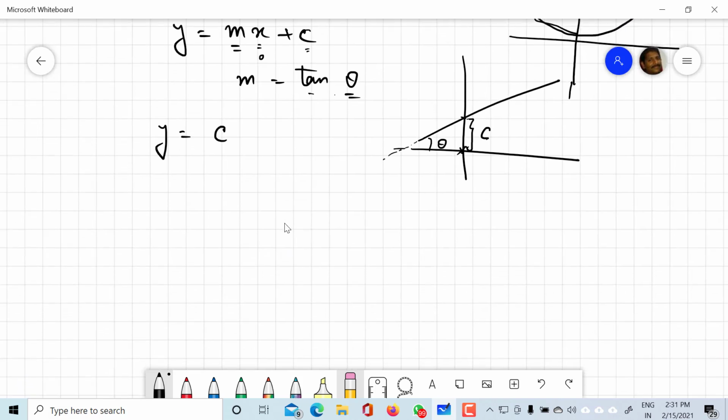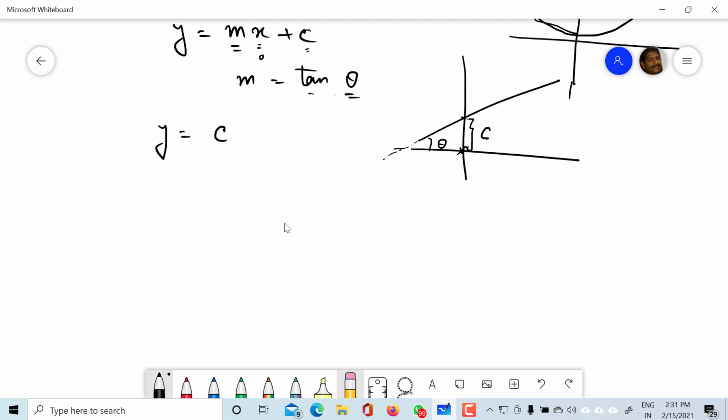If you don't know the value of theta, you only know the 2 points on your line. This is point P1 and this is point P2. Okay, the coordinate of point P1 is x1 y1 and the coordinate of point P2 is x2 y2.